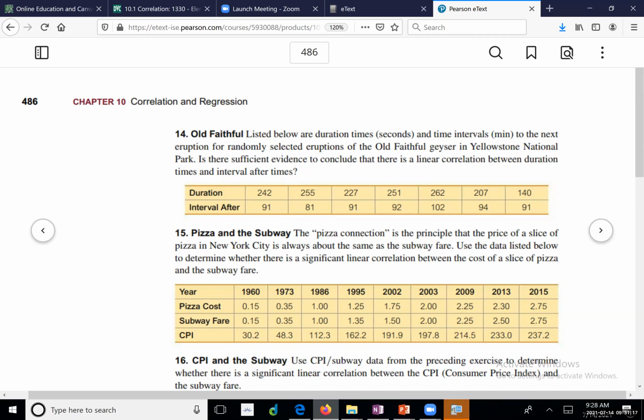Okay, what are you expecting to do first without even going through any testing yet? When you have sets of data, what's the first thing that comes to your mind? You put them into L1 and L2. Excellent.